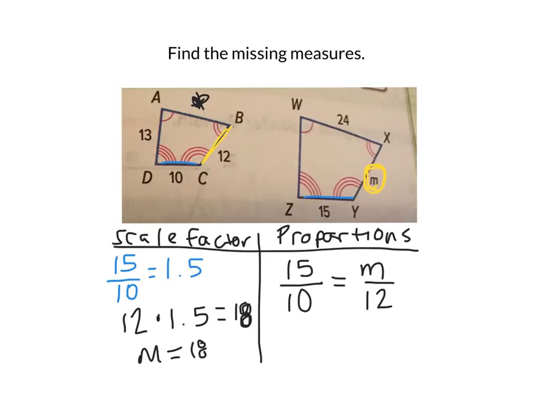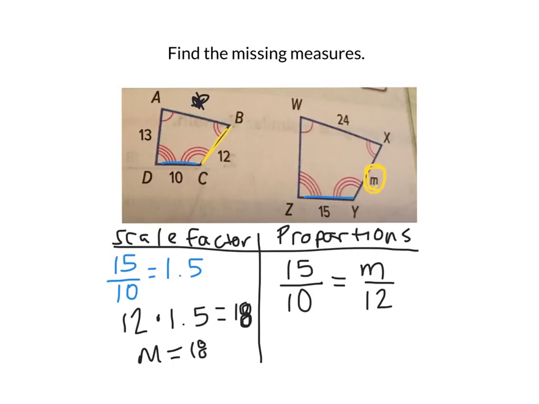So here are my proportions. Now you might remember this from earlier math classes. When I have proportions like this and I need to figure out what this number is, I can use that fish method or cross multiply and divide.